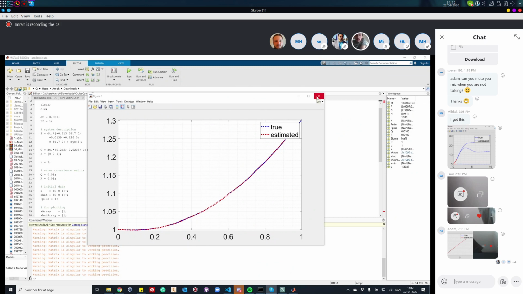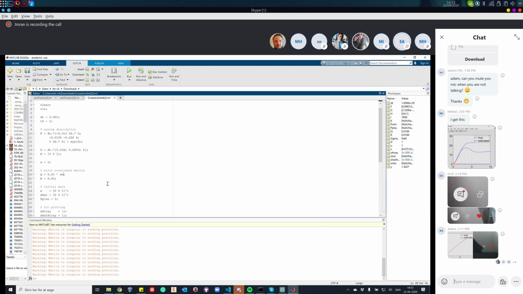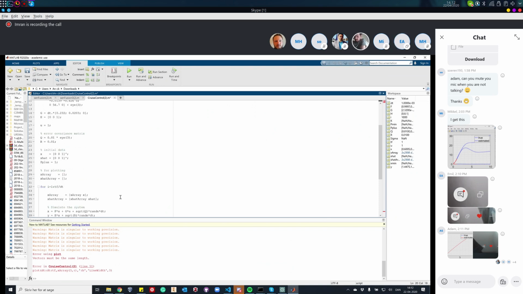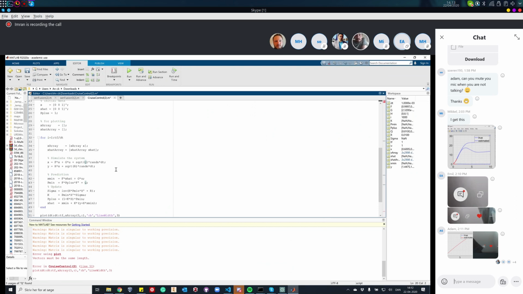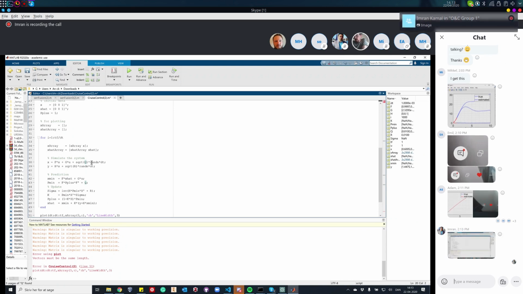So the Q. You have a 3x3 A matrix here, so just multiply by it. Where are you using it? Down here. Square root, and then you have random by dt, right? But you have a 3x3 matrix here, so you need a 1x3 vector.